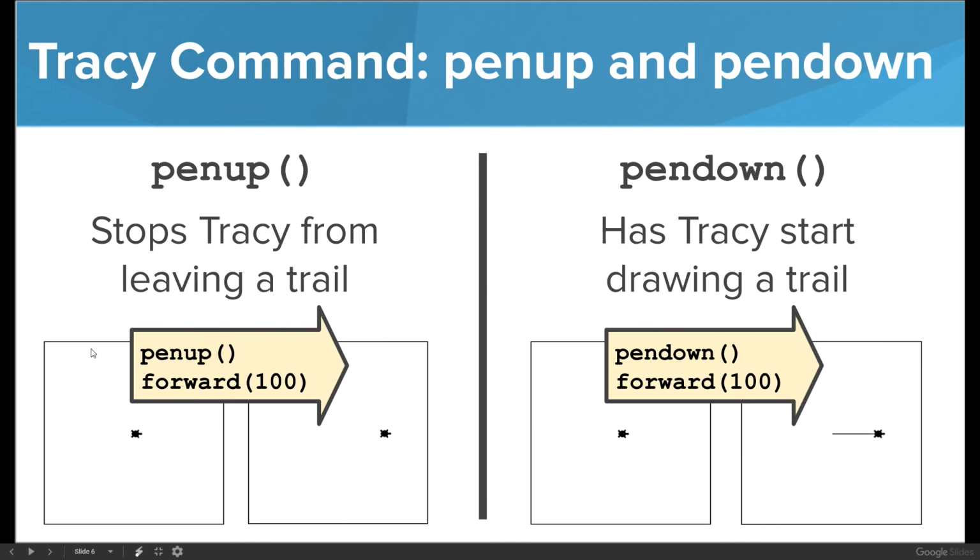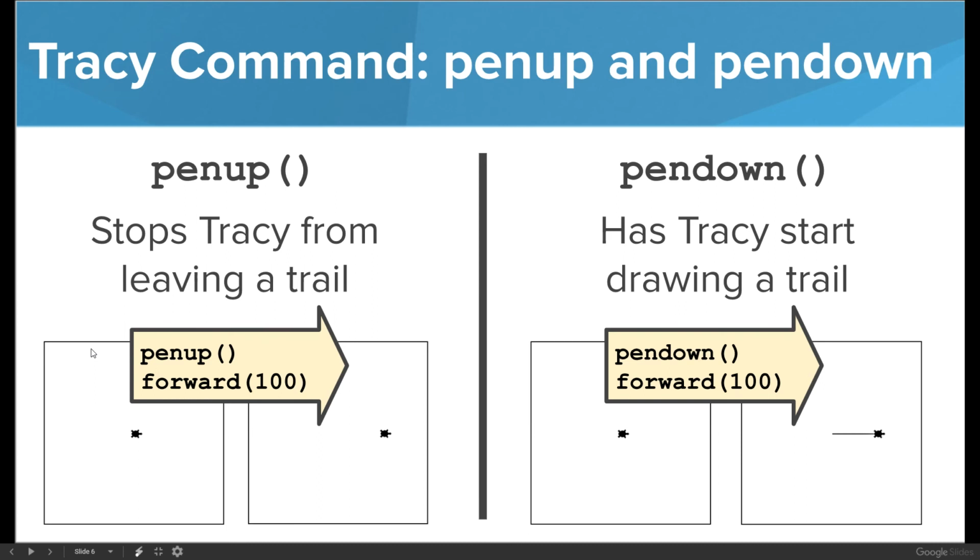Well, imagine that means that there's a pen that Tracy's holding, and the pen is down on the paper or on the computer screen that she's writing on. So the pen always starts out in the down position. But what if you want Tracy to move somewhere else on the screen and you don't want her to leave a trail behind? Well, then you can type the command pen up.